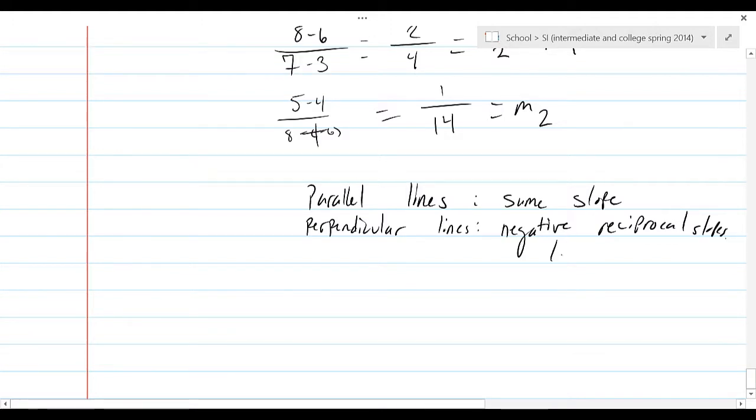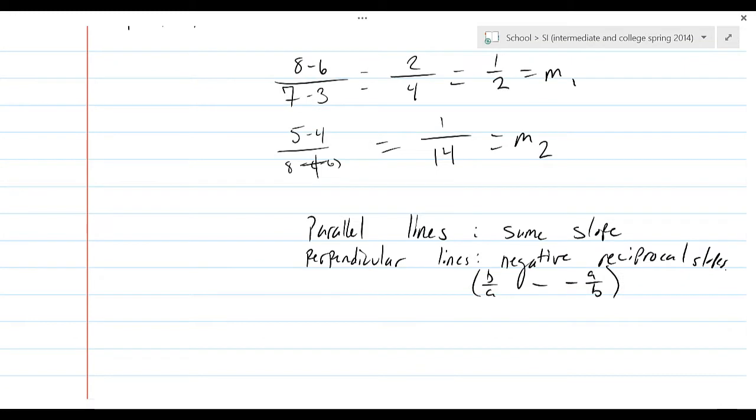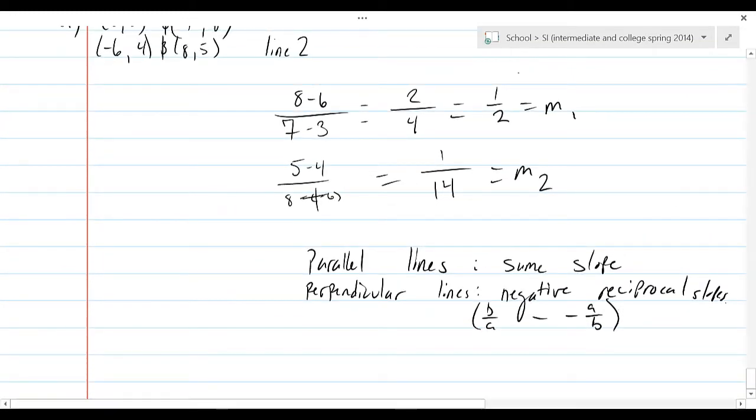Let's say we had b over a. Well, a perpendicular line would have negative a over b. And neither is if there's no correlation. So let's look. Well, they're not the same. They're both positive, so they can't be perpendicular. So the answer is neither.